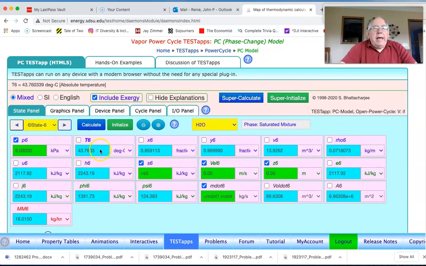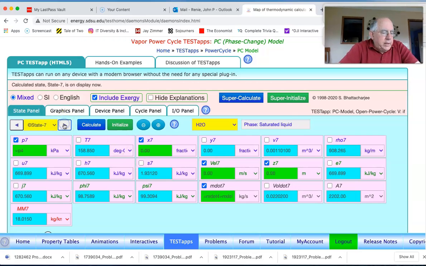They then expand to state 6 with the same entropy as at state 5. And so the second part of the turbine isentropically goes down to the lowest pressure in the system, which is 9 kPa. And so between 5 and 6 is that particular isentropic expansion. Now we're going to modify that in just a second.